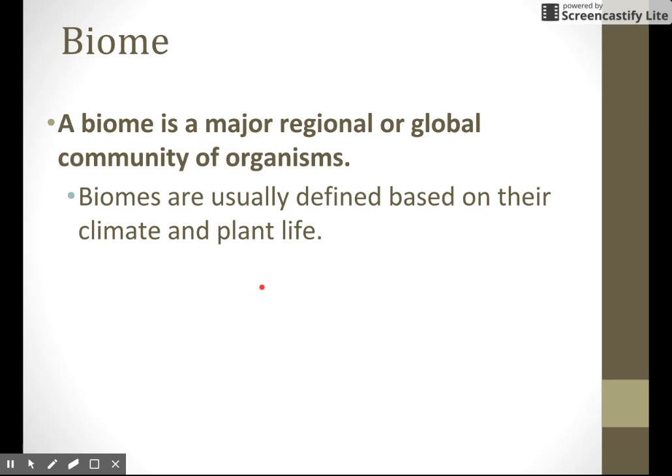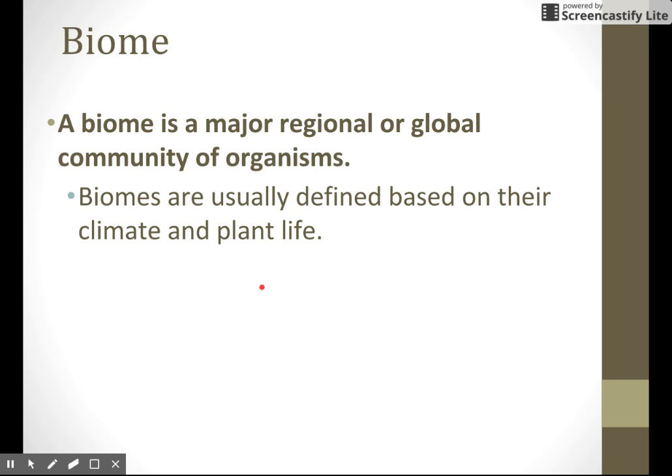Now, a biome is a major region or global community of organisms that has some kind of definition to where it is. So, for example, the tundra being very snow-covered, we look at the plant life there. It's often very small little shrubs, very close to the ground so they don't lose that much heat, and the climate is oftentimes much below zero for most of the year.